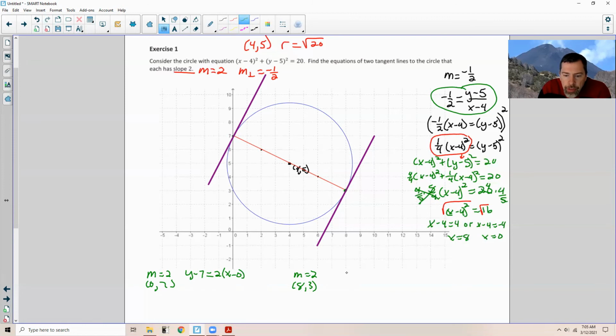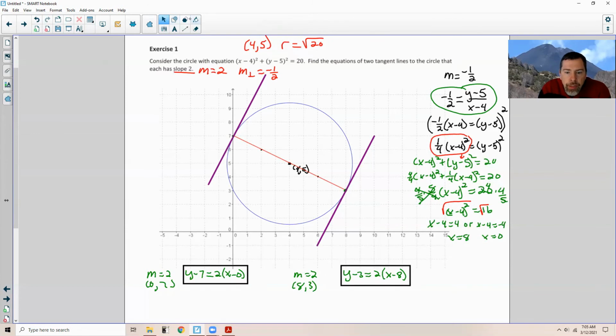Okay, and over here we're going to say y minus our y equals our slope times x minus our x. So there are the 2 equations we were looking for, right here and right here. And we're done.